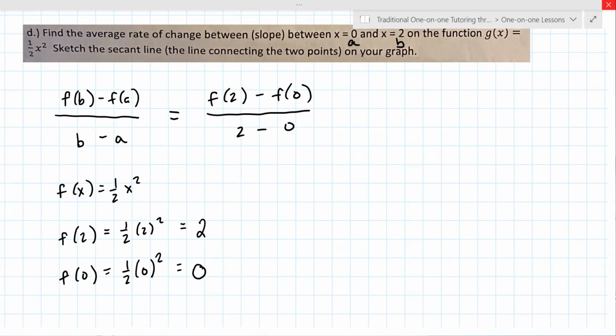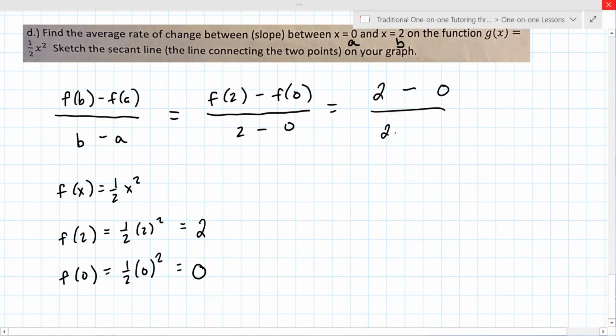Okay, got it down. Great. So now what is f of 2? F of 2 is, we just calculated, 2. Minus f of 0. F of 0 is 0. Just over 2 minus 0 is 1.